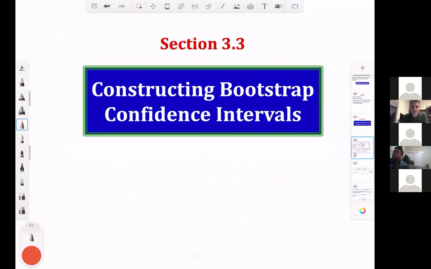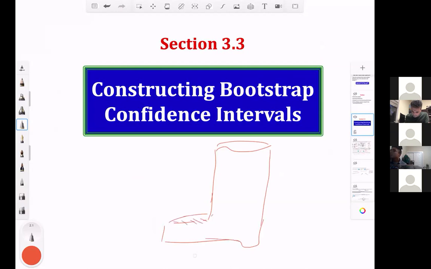Asante, here is a bootstrap. Here's a story: with one sample, we're going to make some decisions. So, the outline. Do you guys have any questions for me?